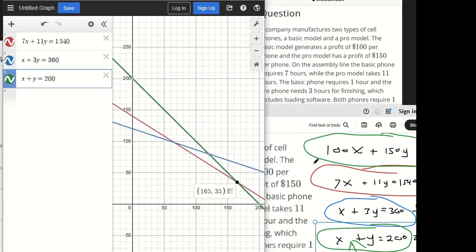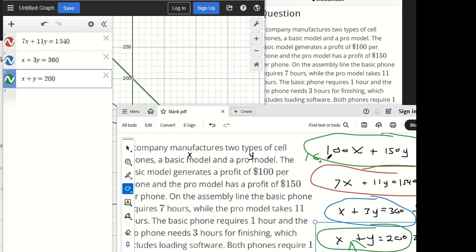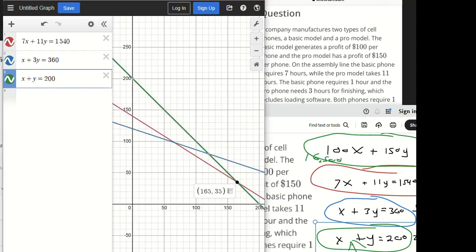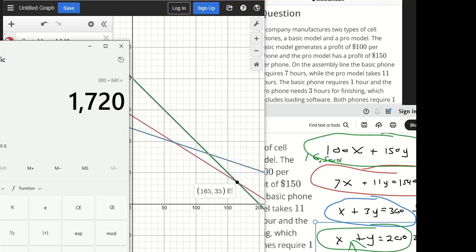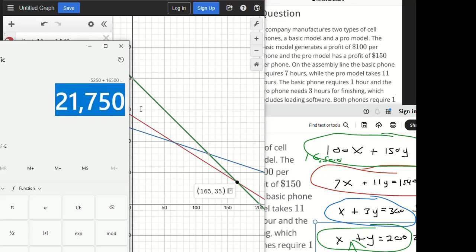So 165 for x gives me 16,500 here for profit, and then 35 for y. 35 times 150 plus 16,500. So we got 21,750 for this vertex. Let me write that down somewhere. 21,750.